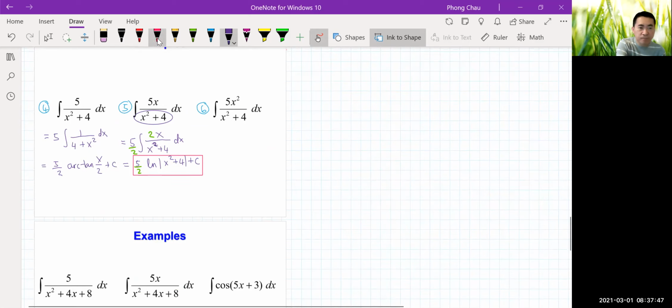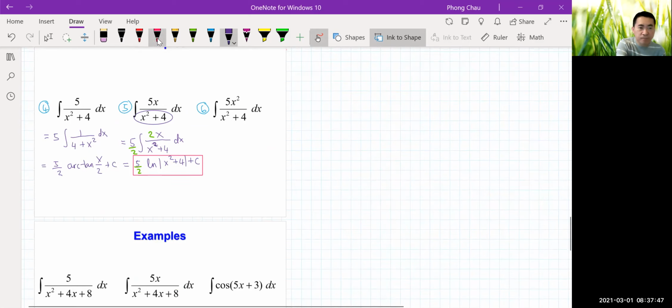You can use a trick and do it quick. You can see the substitution doesn't quite work if you let u be x squared plus 4. You can try, but I'm not going to focus on this one, just give a hint. This one will be tricky.